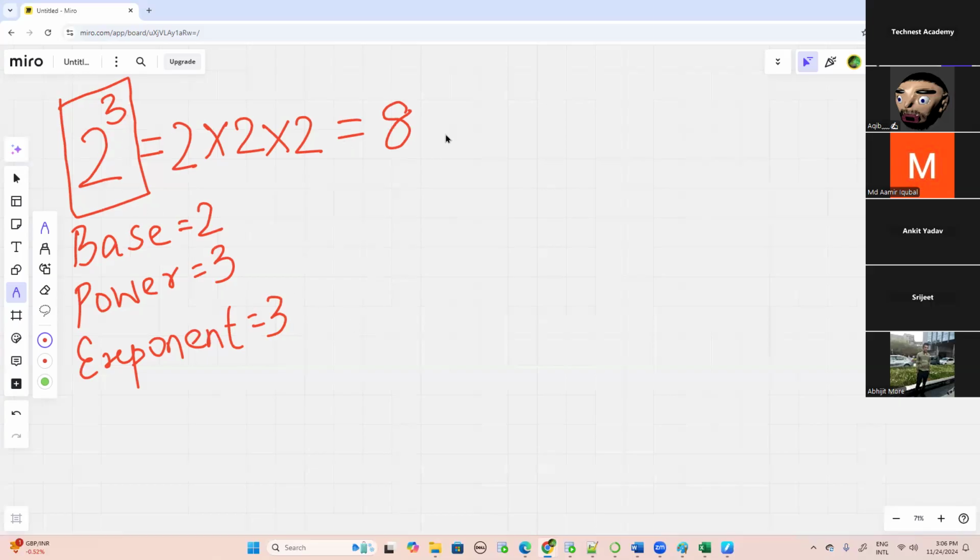Did you understand this one? Similarly, if I write x to the power n, what is the meaning of this? I'm getting background noise here.